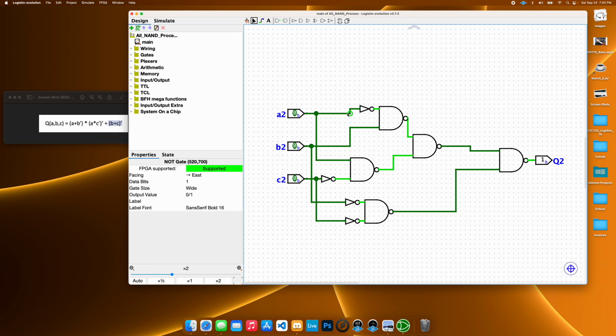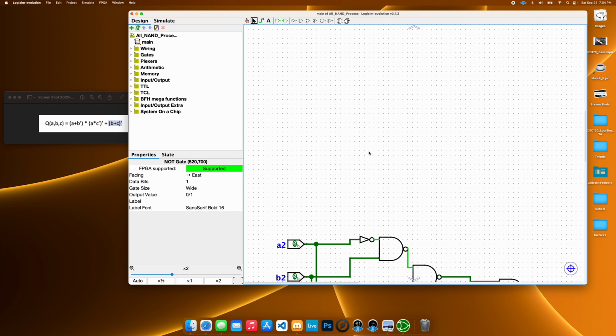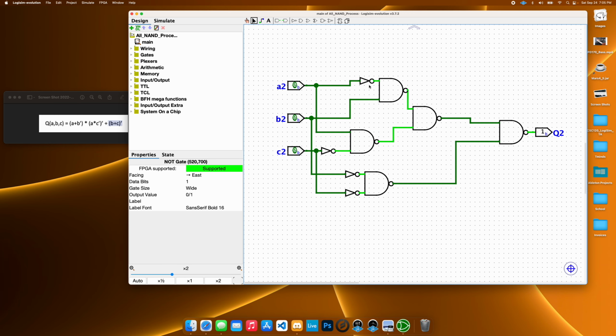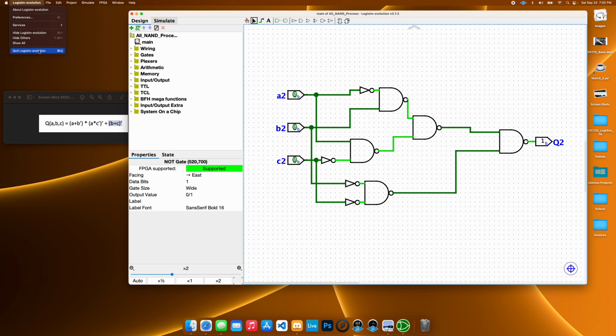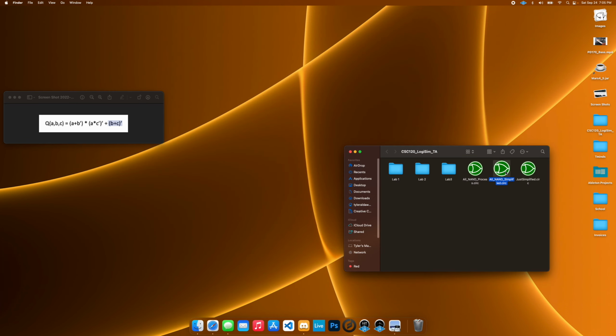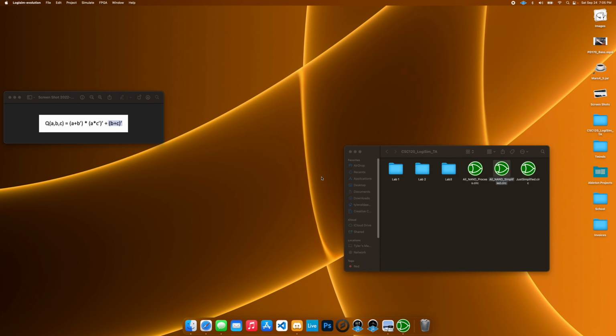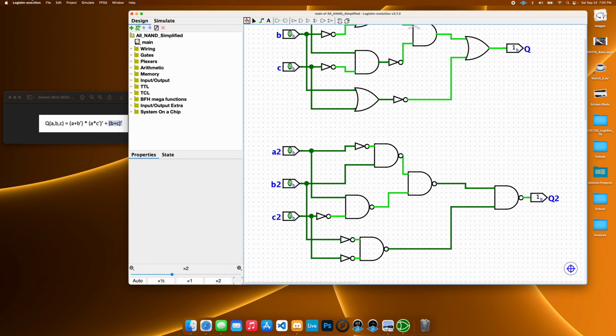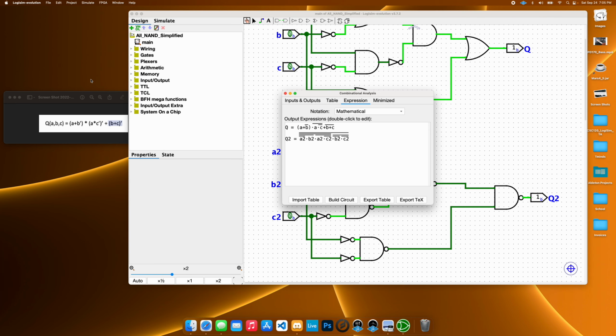From here, what we can do is compare and see if this is actually equivalent to this. I'll go ahead and open up where it's just these two, and we're going to do a circuit analysis of them both to see if we get the same equivalent Boolean equation. You can just go up to Project here, Analyze Circuit.